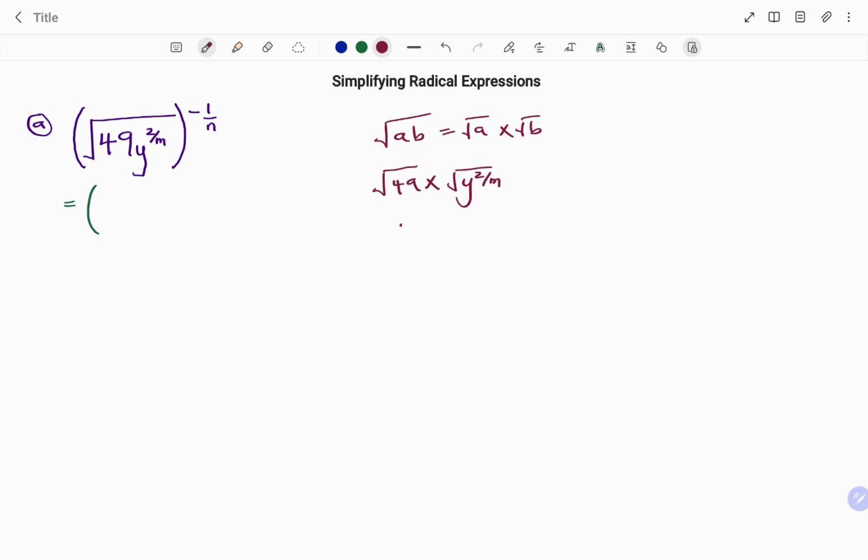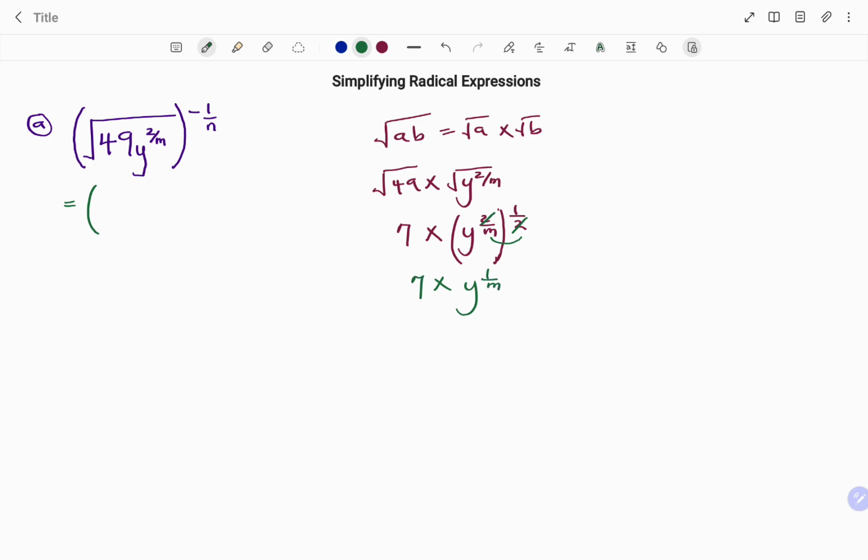Square root of 49 is 7 times, and I'm going to change my square root to a rational exponent. Square root to rational exponent is 1 over 2. And applying the laws of exponents, this multiplies each other. I have 2 into 1 half. I'm left with y to the power of 1 over m. I still have my 7.